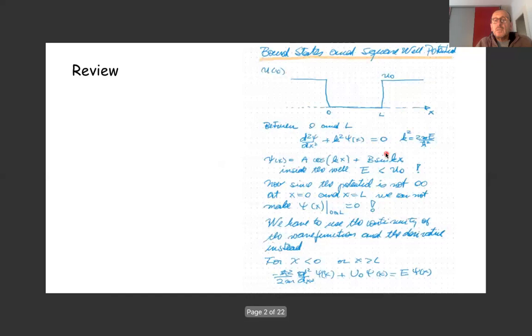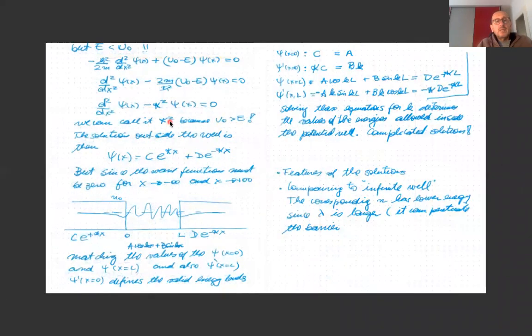The solution here is a combination of complex exponentials, e to the i theta, and a linear combination of e to the i theta will give you sines and cosines. And the solution to the other equation is simply an exponential that decays as a function of x.